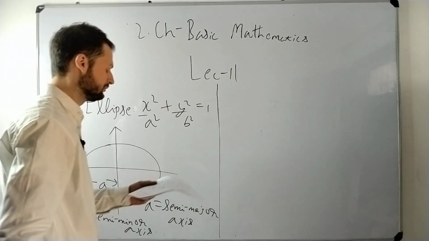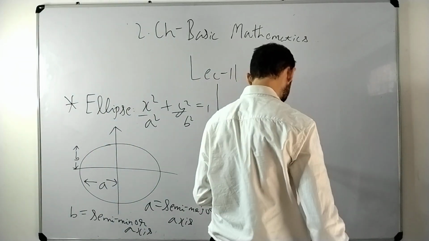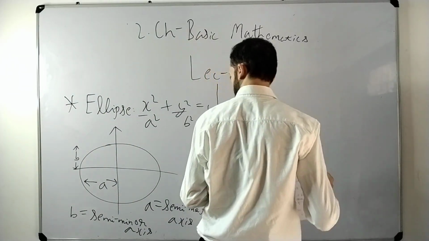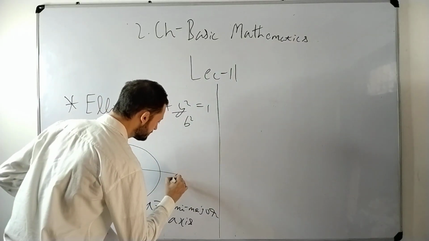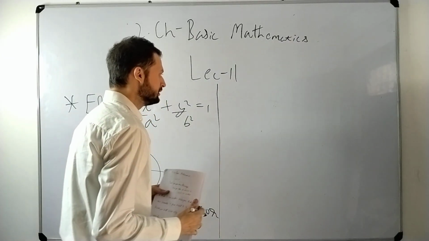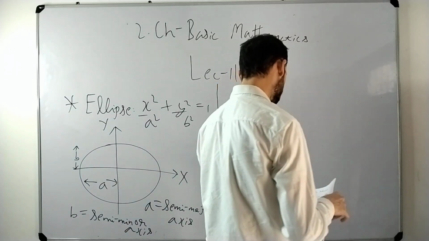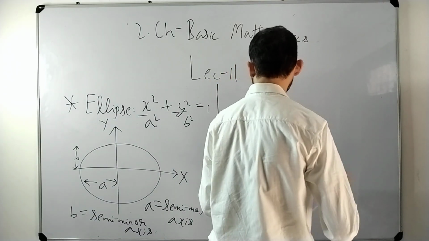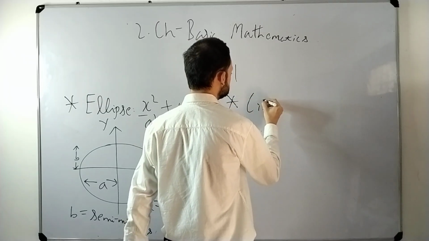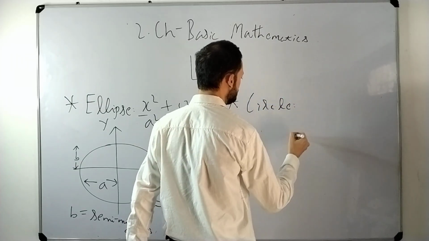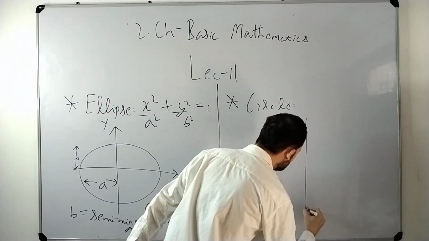Right, students? So the next figure is what, students? This is the y axis. This is the x axis. The next part to be discussed is circle. What is a circle? We all know the circle figure.